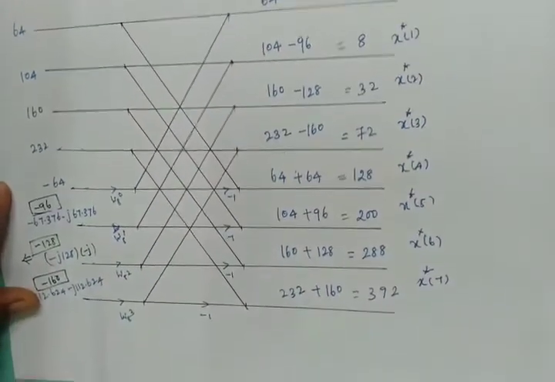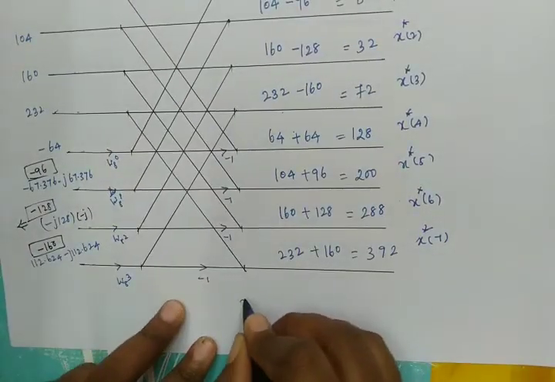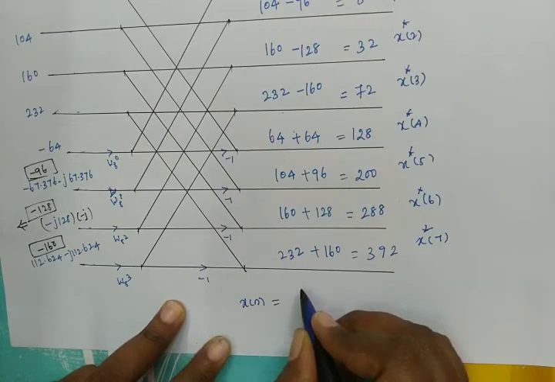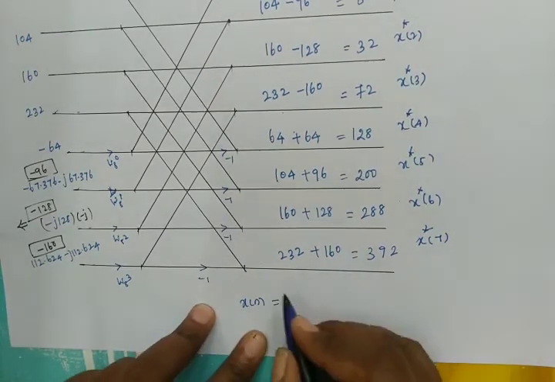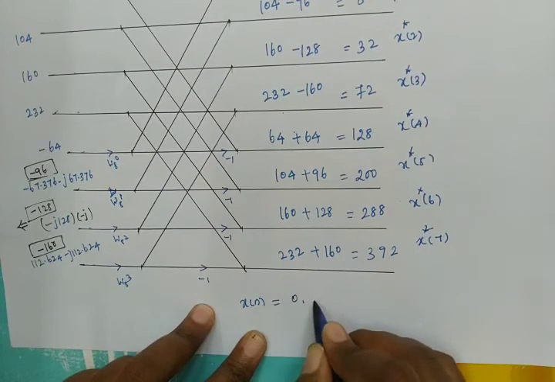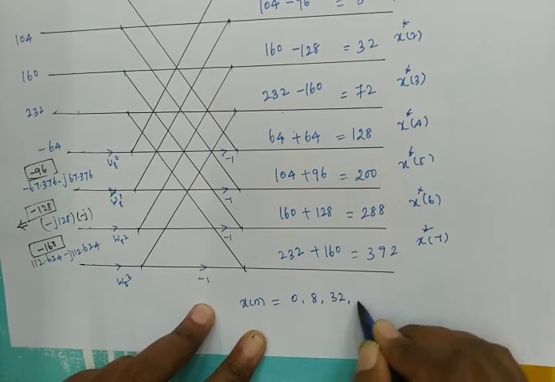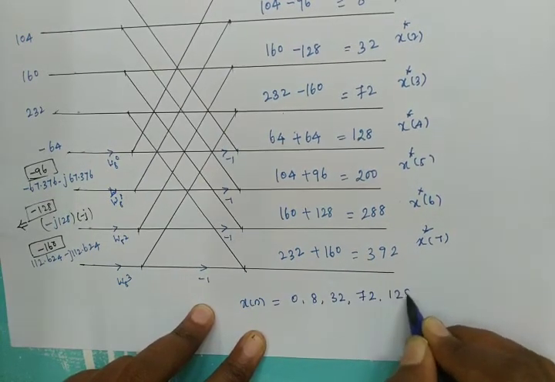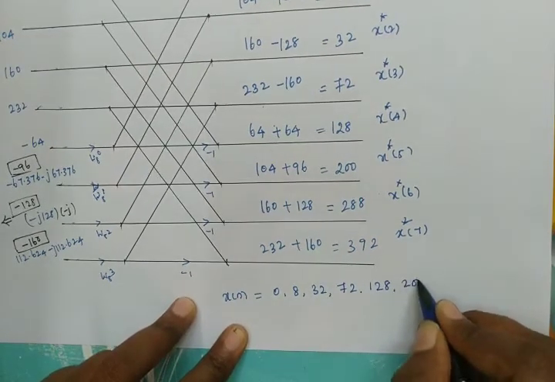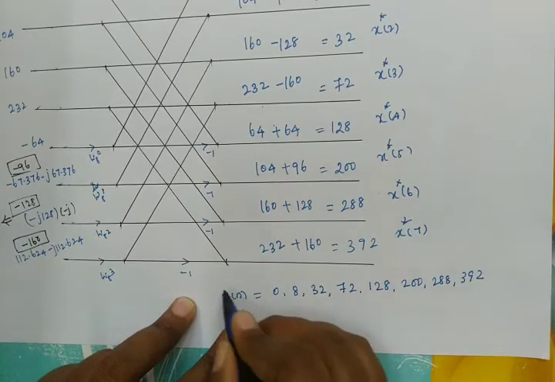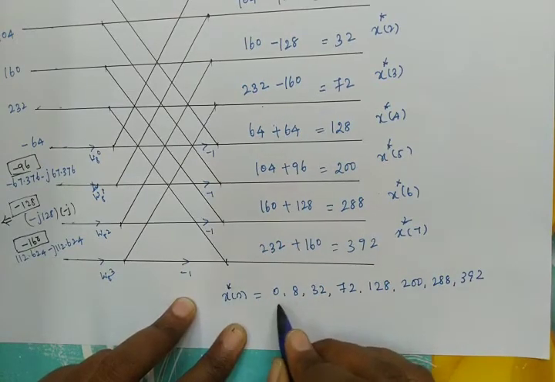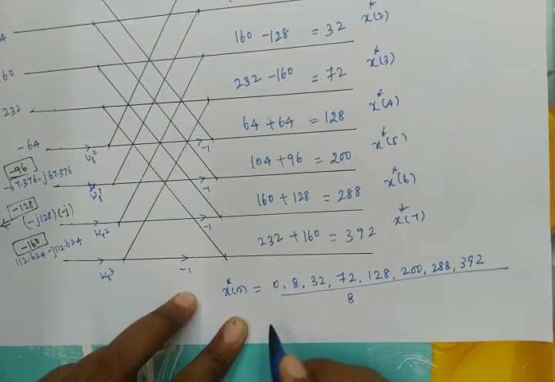Then what we have to do? So x of n is equal to, use this answer, 0, 8, 32, 72, 128, 200, 288, 392. So this is in the complex conjugate form. Now we have to change this into normal form.